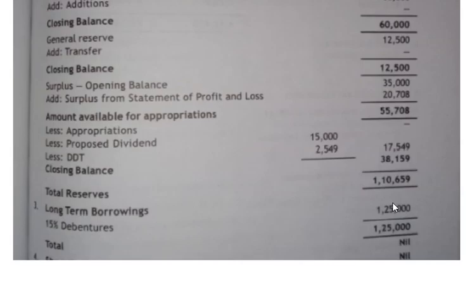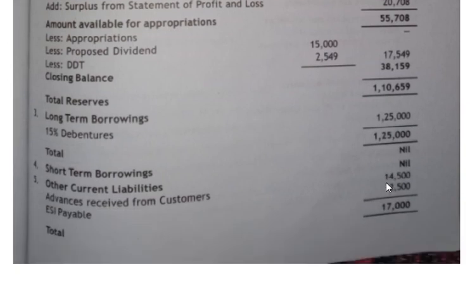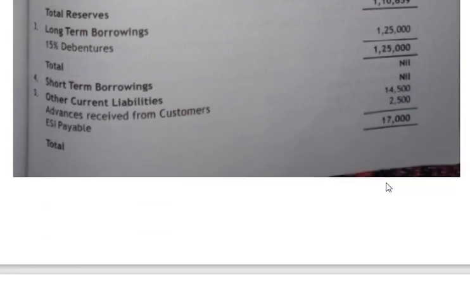It's 38,158. So this 38,158 plus your 12,500 plus your 60,000, you get it up to be 1,10,659 as your total reserve.